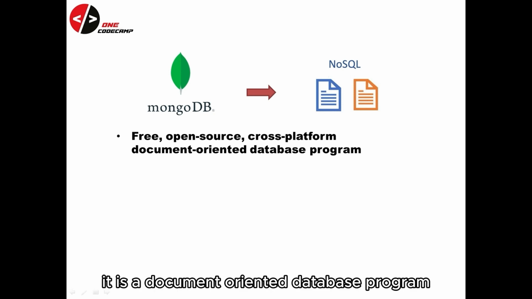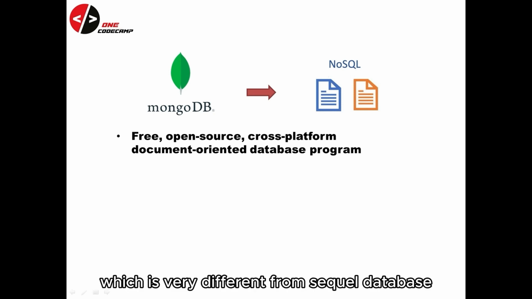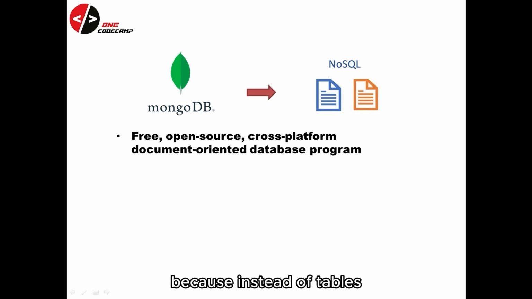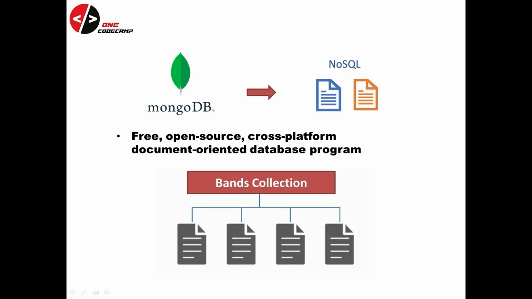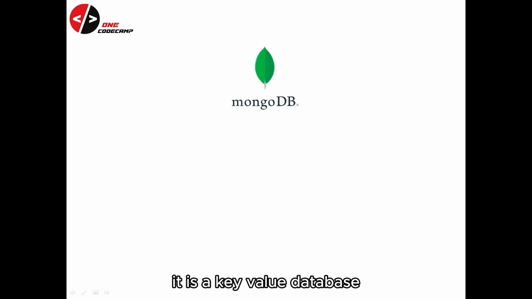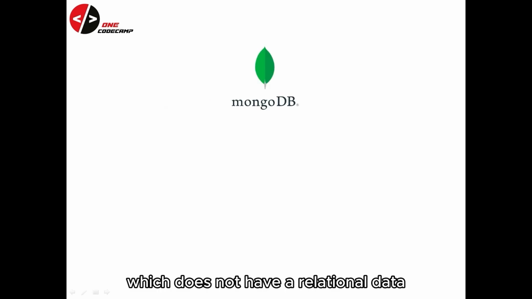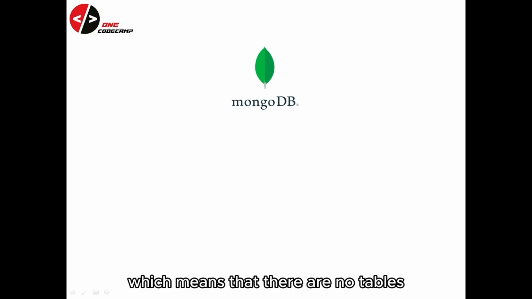It is a document-oriented database program, which is very different from a SQL database because instead of tables, columns, and rows, MongoDB uses collections and documents. So in a NoSQL database, each collection would store a specific type of data record. It is a key value database, which does not have relational data, which means that there are no tables, columns, and rows.